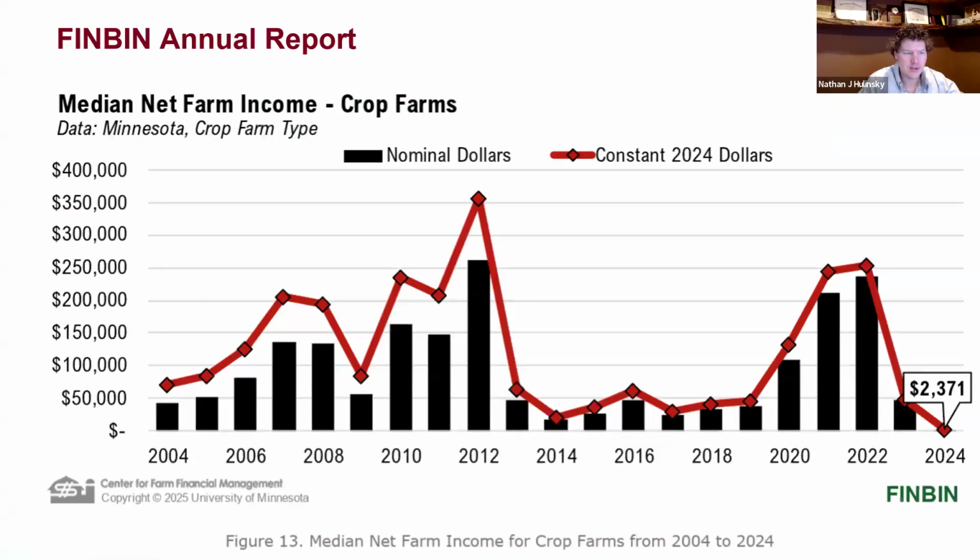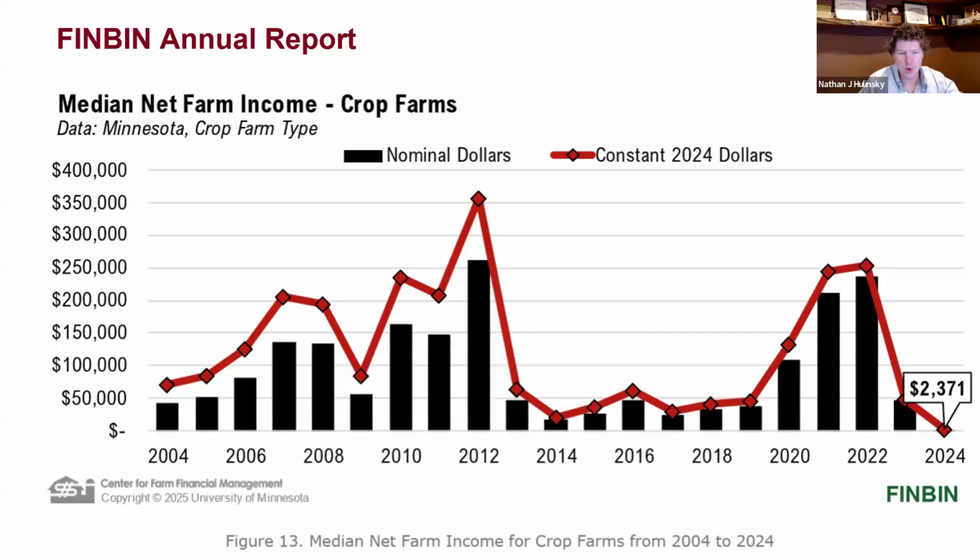So this is a FINBIN annual report. This is specific to crop farms in Minnesota and their profits. So the median net farm income per year. Just to go back and show farm incomes, starting in 07, 08, farm incomes picked up a little bit. 09 was below that trend line, but then 10, 11, and 2012 on the farm, really high net incomes.